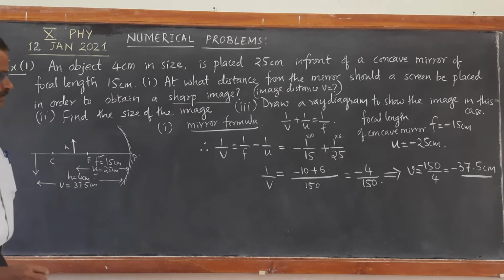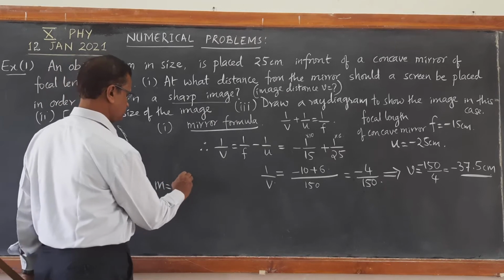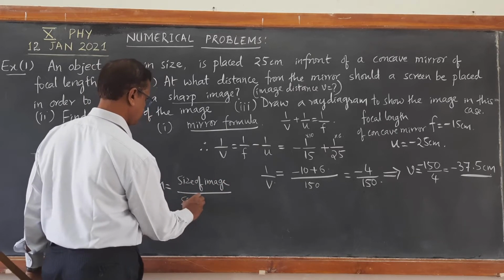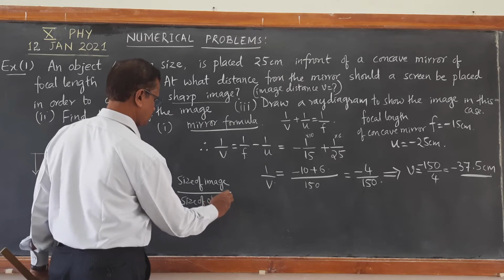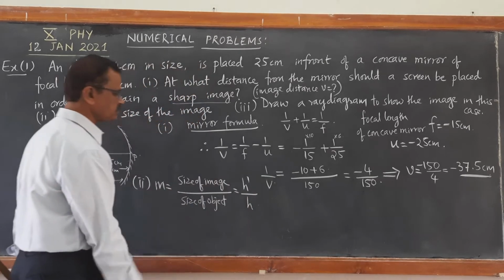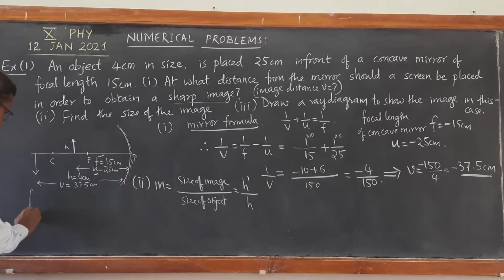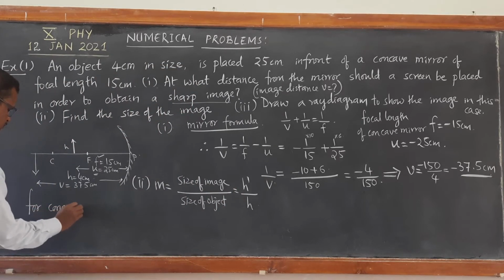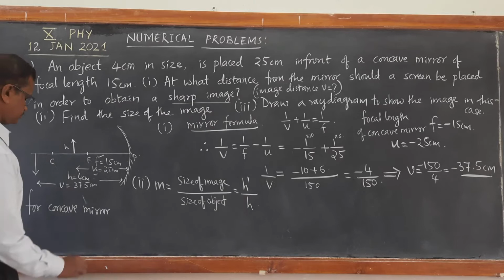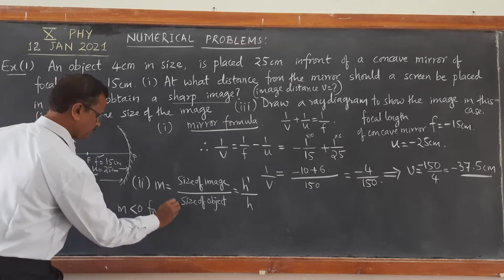Next, find the size of the image. Second one. We know that magnification M is equal to size of image by size of the object. If you take the size of the image as h dash and the size of the object as h, then M is equal to h dash by h. But for a concave mirror, magnification is negative, M is less than 0 for a real image.